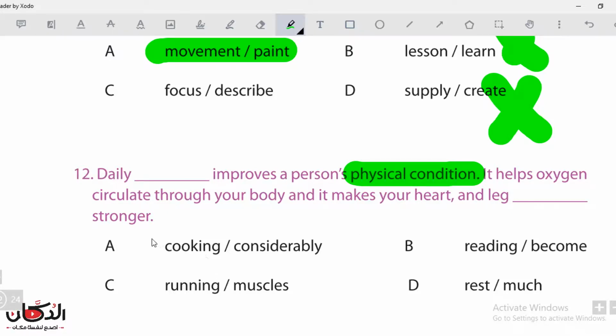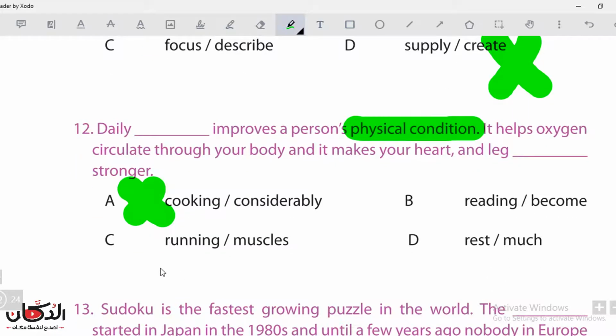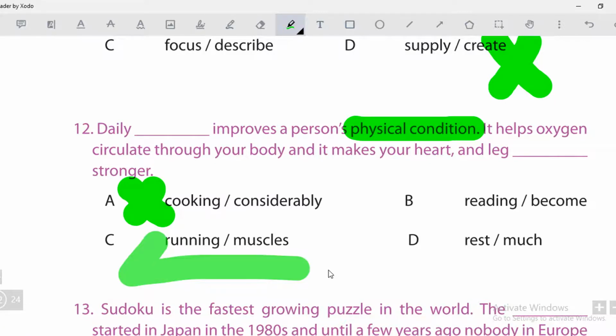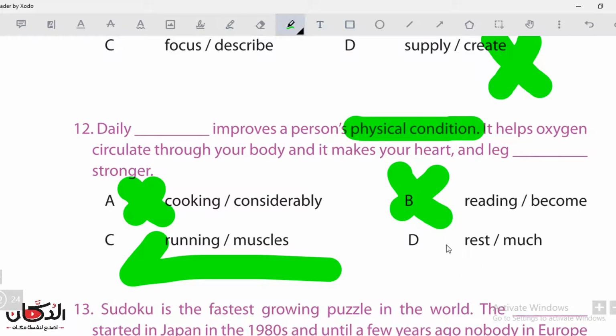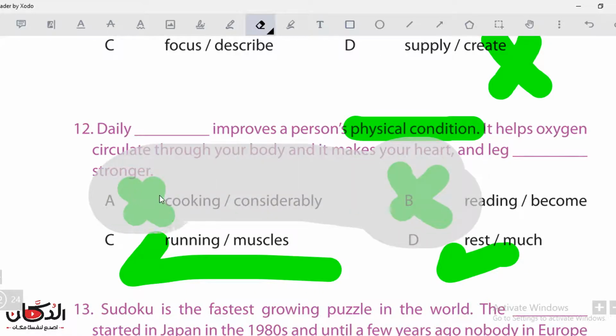Cooking? I don't think so. Just girls can answer this question. Running? Maybe. Reading? No, completely wrong. What about rest? Maybe. Okay, so now we have two answers, A and B.